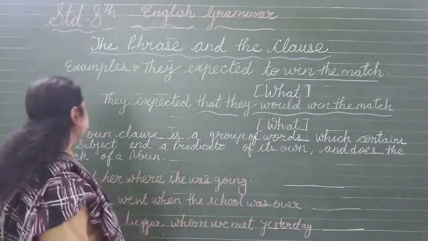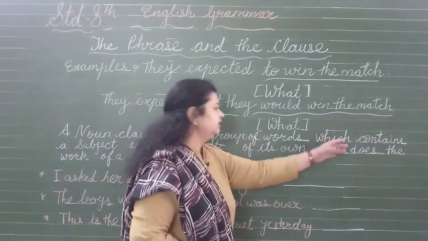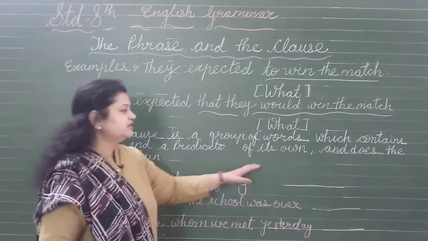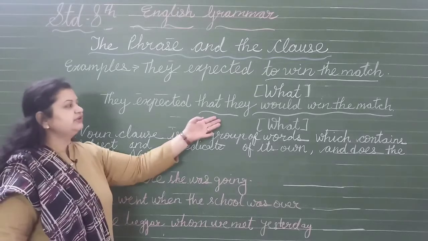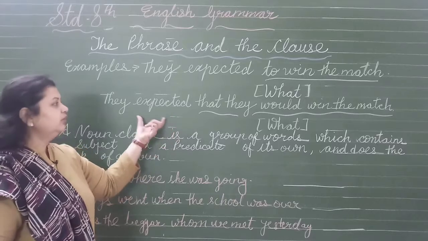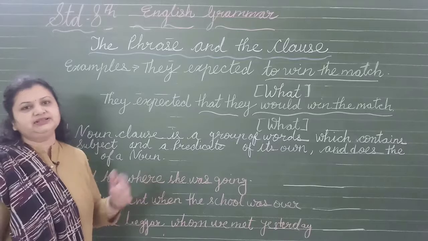So the definition will be: a noun clause is a group of words which contains a subject and a predicate of its own and does the work of a noun. This is working as a noun because it is saying about the person, what they are expecting. So this type of sentence is called a noun phrase and clause.